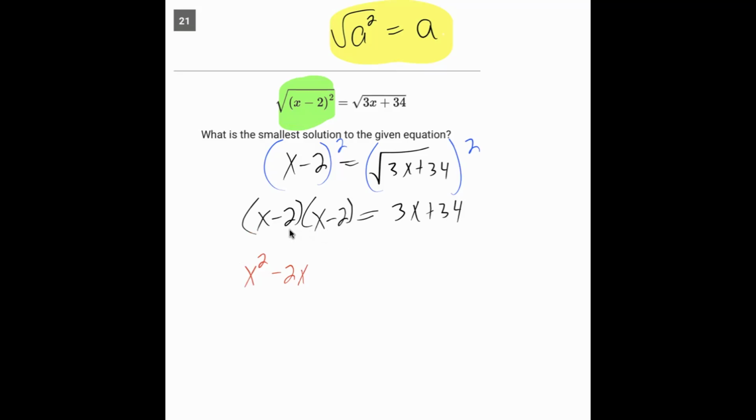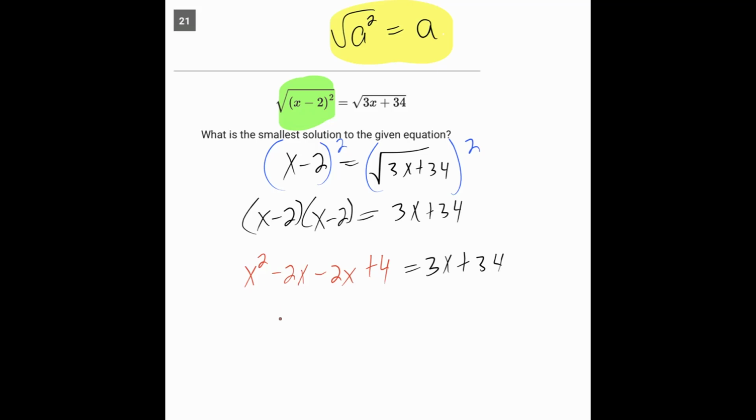Now we can say inner times inner. That's negative 2x again. And last times last, negative 2 times negative 2. And that'll be positive 4. And that still equals 3x plus 34. Make it a little neater. So combine some like terms here.